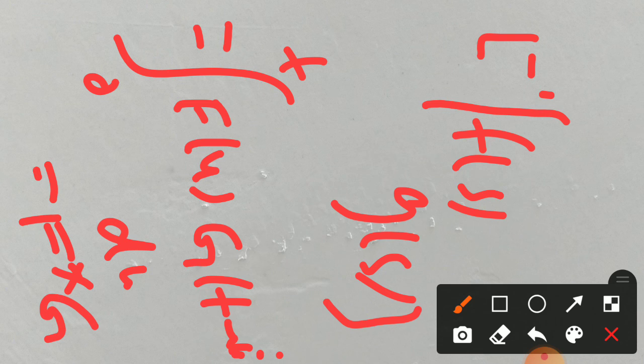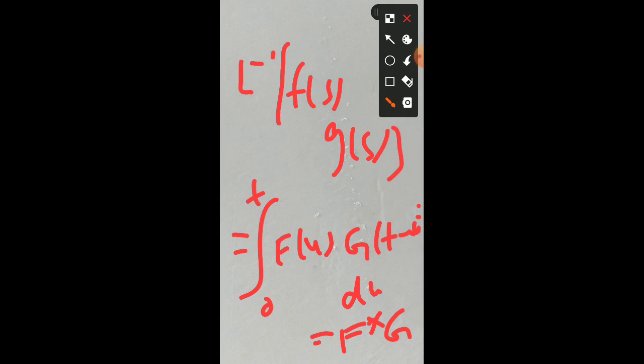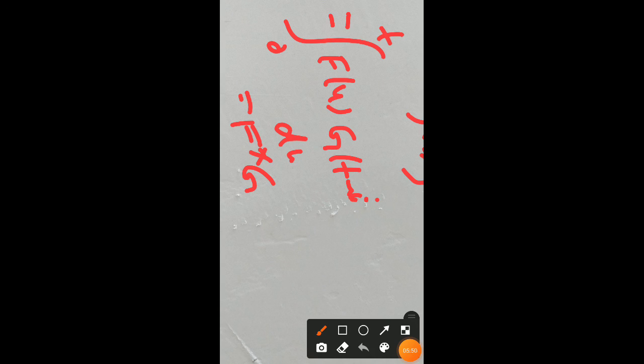That is, if the inverse Laplace transform of F(s) is equal to f(t) and the inverse Laplace transform of G(s) is g(t), then the inverse Laplace transform of F(s) G(s) will be given by the integral from 0 to t of f(u) g(t minus u) du, that is f star g. This is known as the convolution or Faltung theorem.